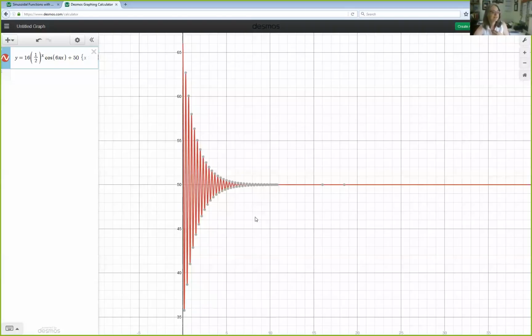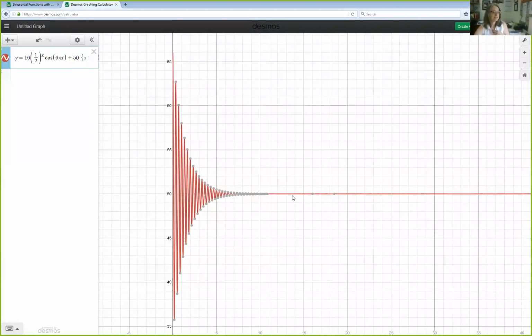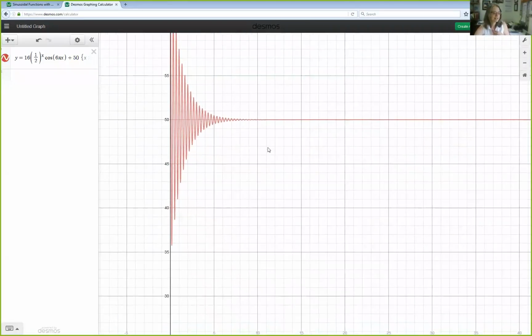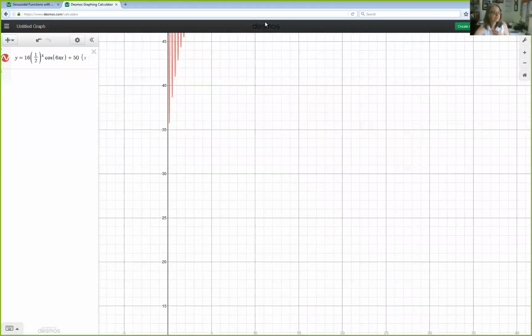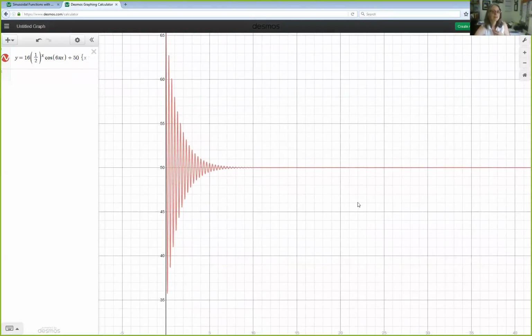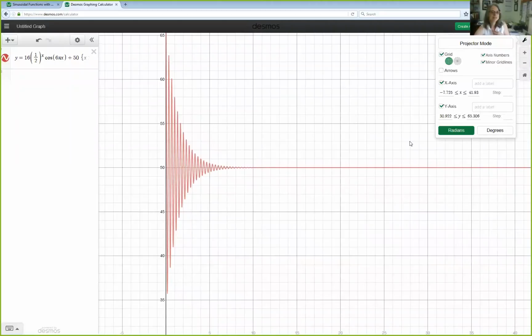And here we have a graphical representation of this spring behavior. Let me play with my settings a little bit here and see if I can make that work.